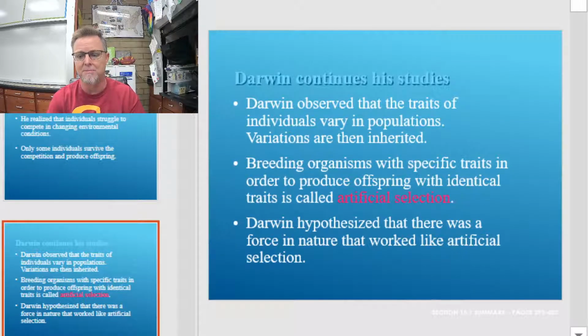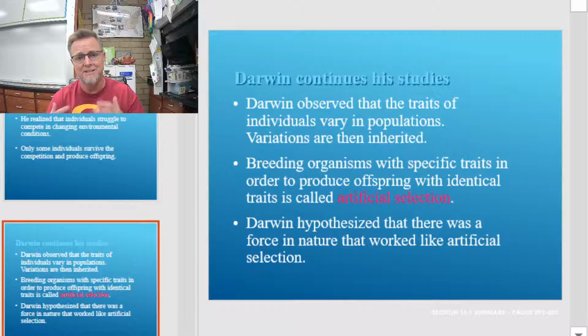Darwin also observed that when looking at the world around him, we don't all look the same. And that's true of people all the way down through population after population, cats, dogs, fish, frogs, and everything else in between. We're not all identical. And some of what we see in the mirror could be passed on from one generation to the next, hair color, eye color, stuff like that.